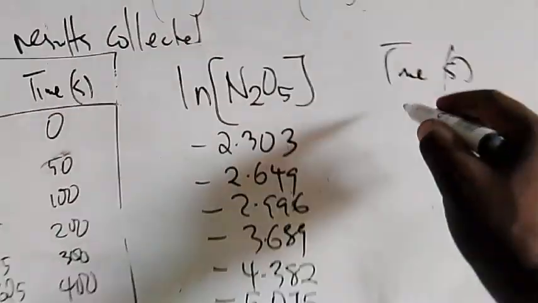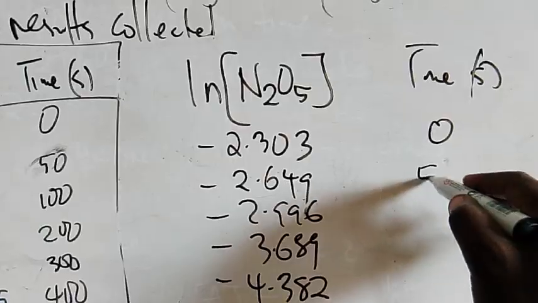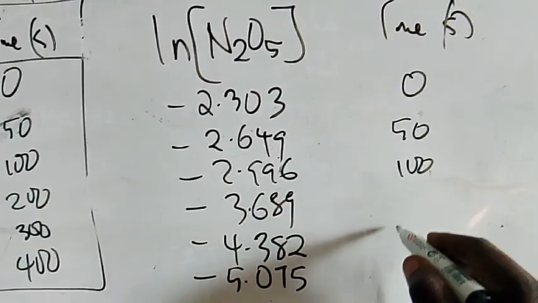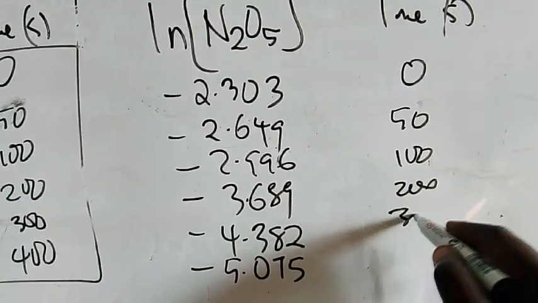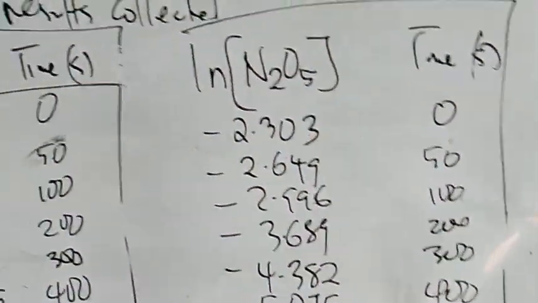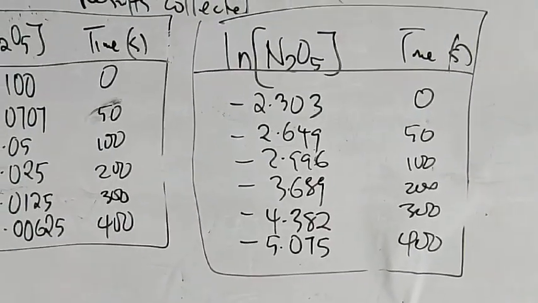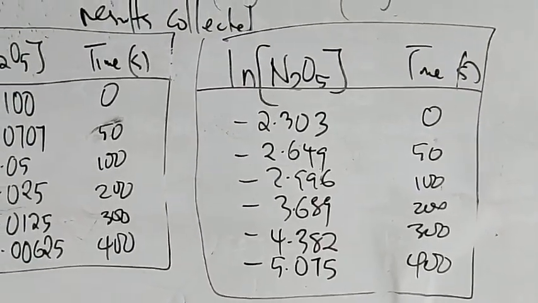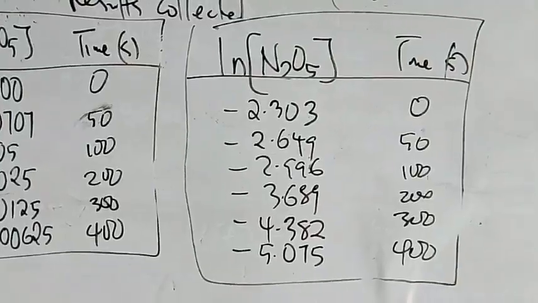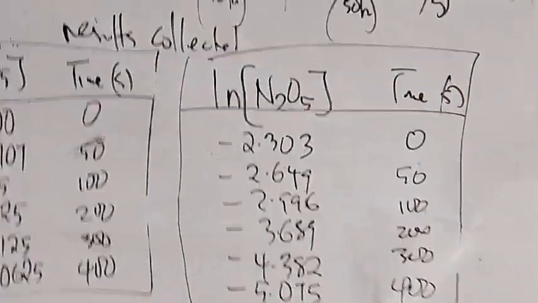Okay, then the time remains the same: 0, 50, 100, 200, 300, then 400. Okay, so you need to generate a table like this one. You find the ln concentration. Then now on your graph paper, you are going to plot these values.